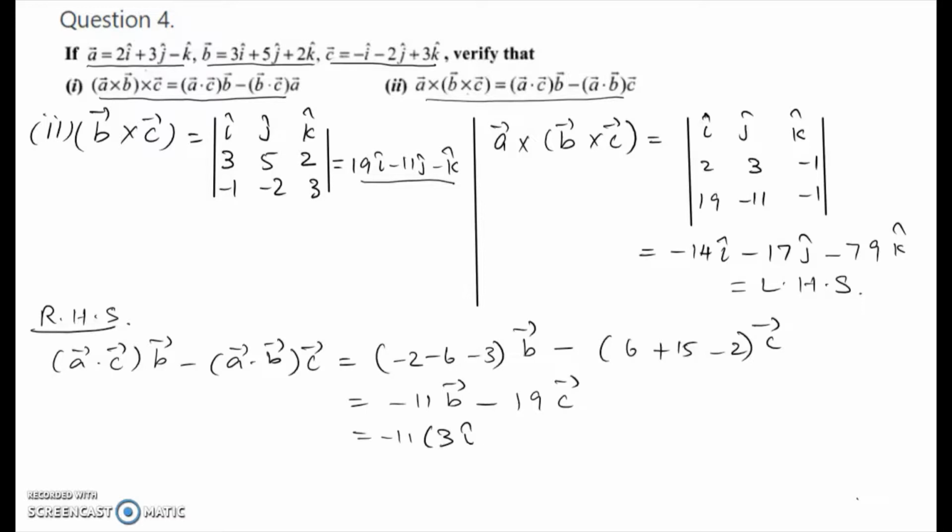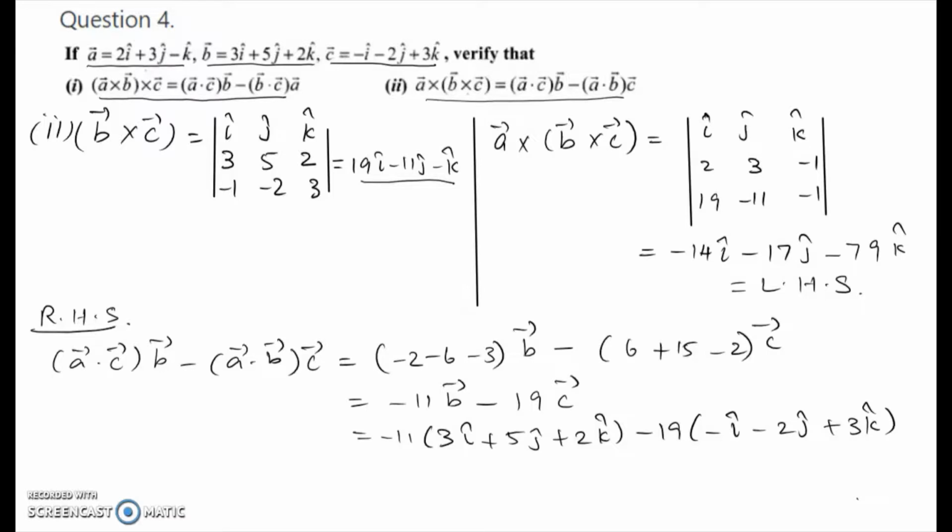11 into 3 I cap plus 5 j cap plus 2 k cap minus 19 into minus I cap minus 2 j cap plus 3 k cap.